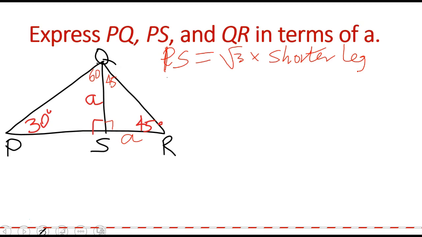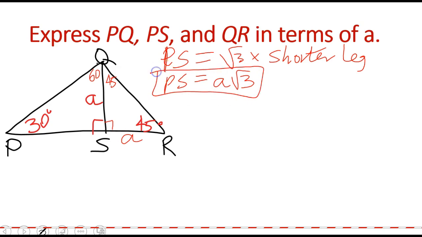That's what we just found out. So PS is going to be, the shorter leg is A, so A times square root of 3. That's all we are asked to write, to express that.